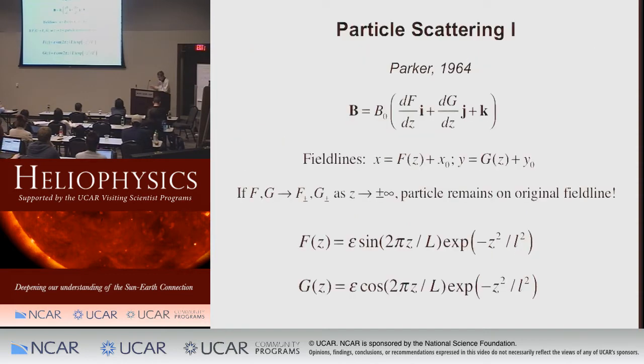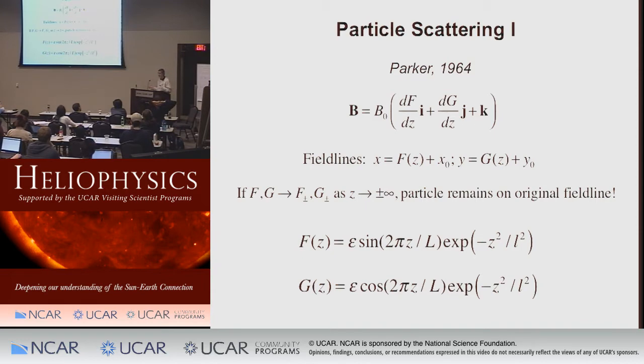OK, I'm showing this, and basically, let me tell you before I go through this, because I think this is kind of interesting. The μ value, if you scatter in pitch angle, and again, the little subtleties of whether you're scattering off Alfvén waves, going a little faster or a little slower, that's irrelevant for this purpose.